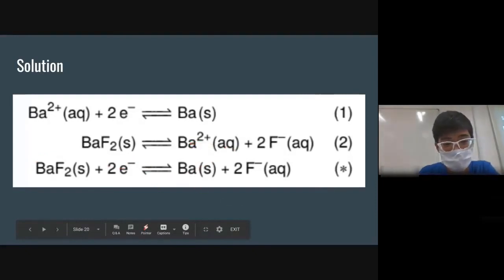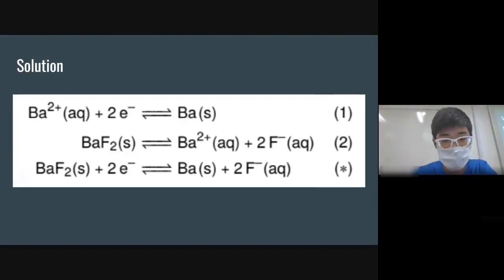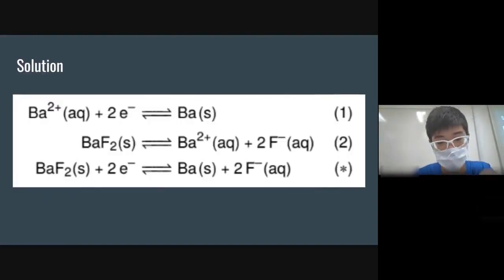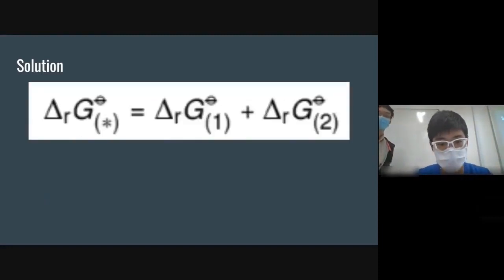So you have the first two equations to help you. After that, we gave you the standard reduction potential of the first equation already in the question. So you can use that to find the reduction potential of the last equation. Because E cell is not an additive function, but Gibbs free energy is an additive function.